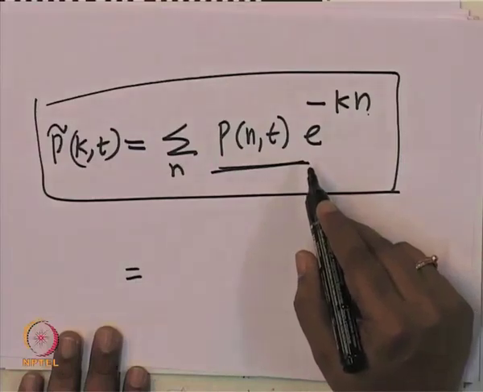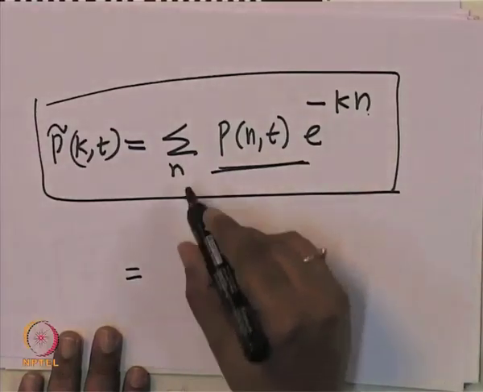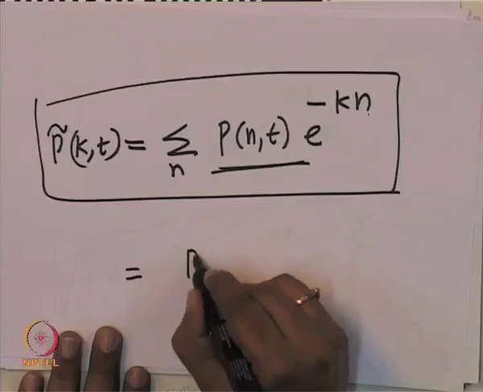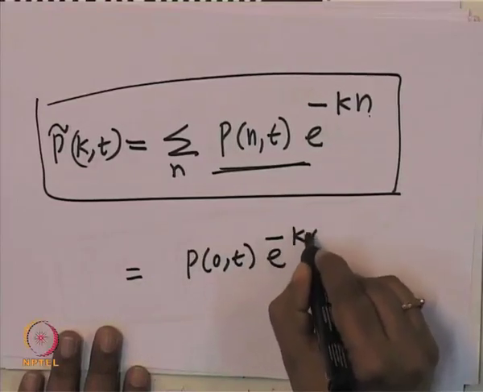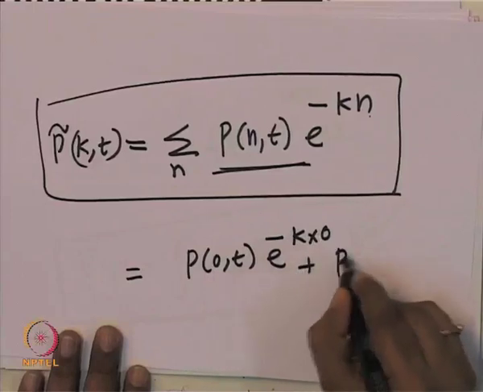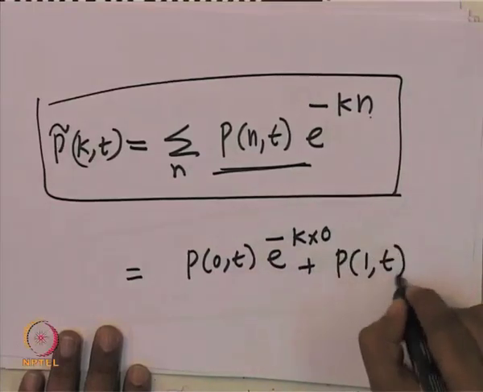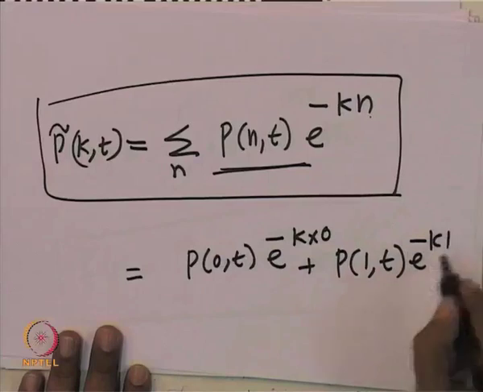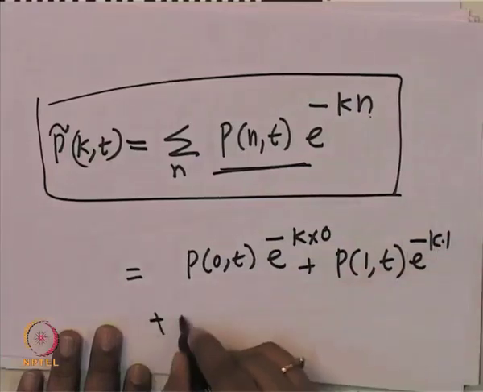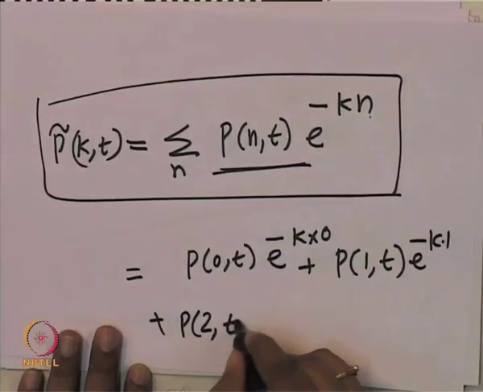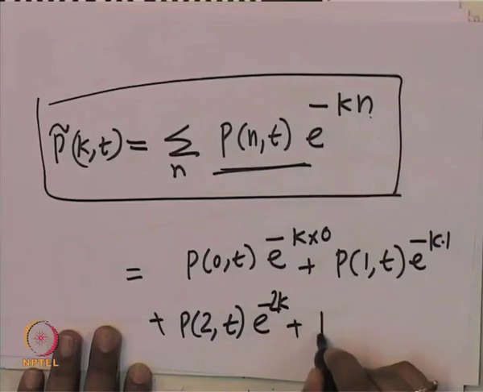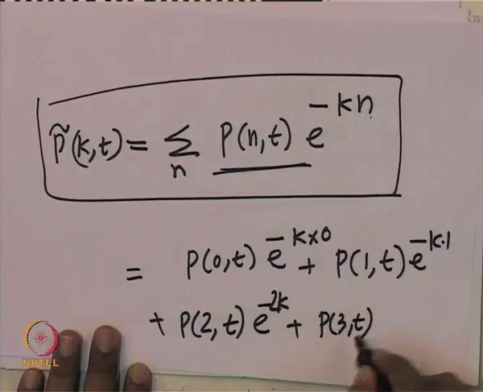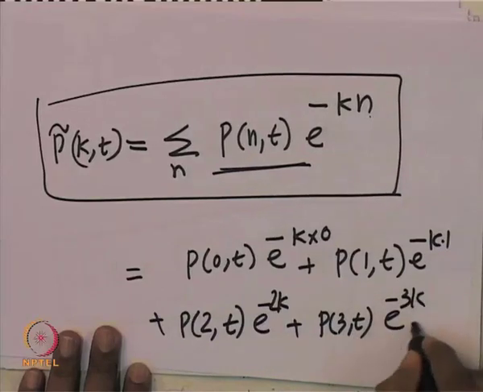Let us say probability to have 0 at time t into e power minus k into 0, plus probability of 1 at time t into e power minus k into 1, plus probability to have 2 monomers at time t into e power minus k into 2, plus probability to have 3 monomers at time t into e power minus 3 into k, plus dot dot dot.